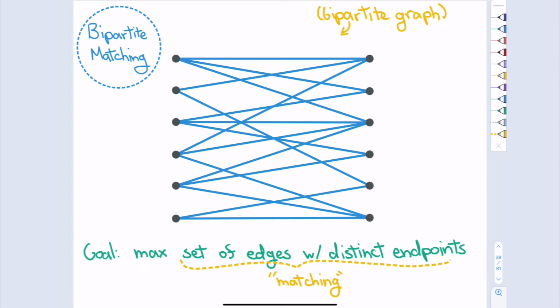Okay, so clearly the maximum is at most 6 because there's 6 vertices on each side, so that's an upper bound. All right, did anyone find 4 disjoint edges?